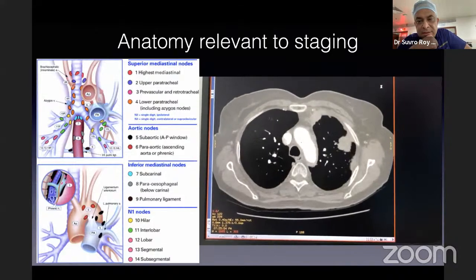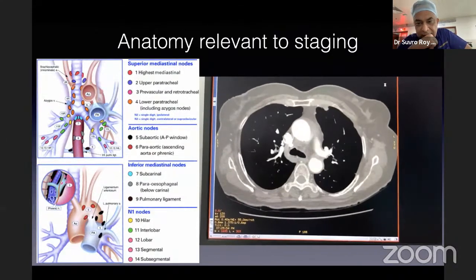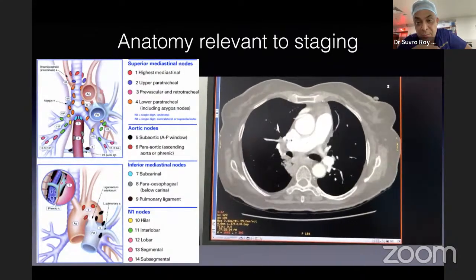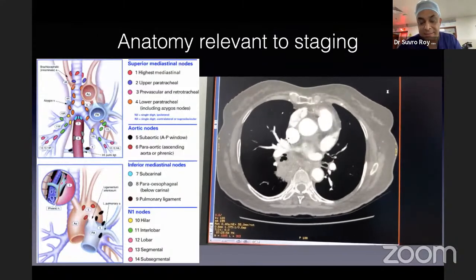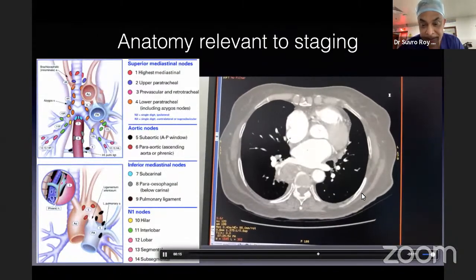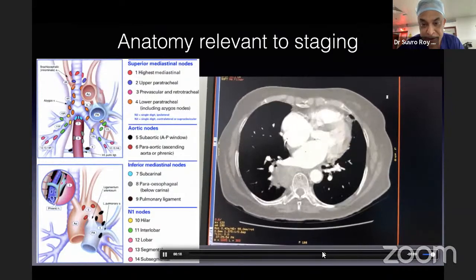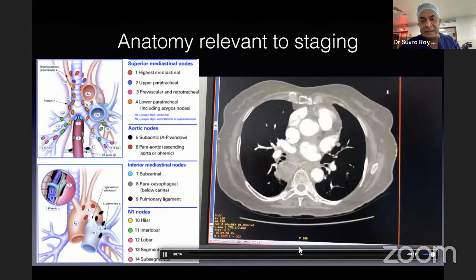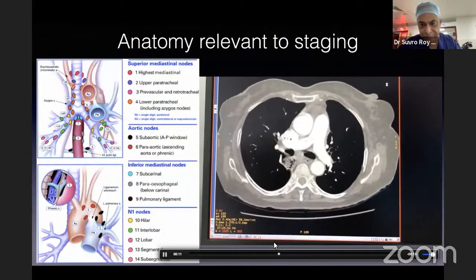Right. So this is a case of, as you can see, multiple pleural-based masses. I actually can't remember what it was histologically now. I'm opening this presentation after a long time, but let's just look at this as if we are looking at it for the first time.